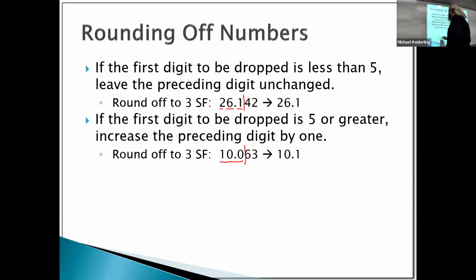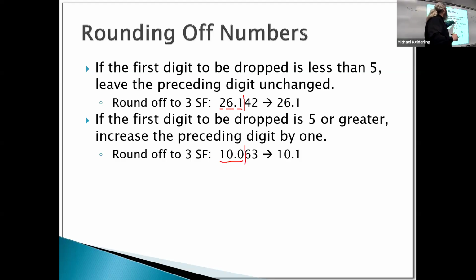I need to look at my next digit to figure out where this number falls. I have it as 26.1, so this value is going to be somewhere between 26.1 and 26.2. And I want to round it to the one it's closer to.